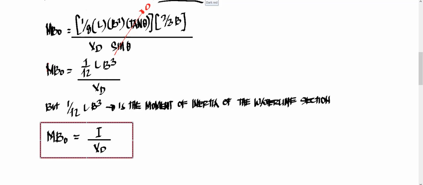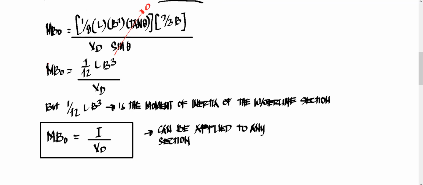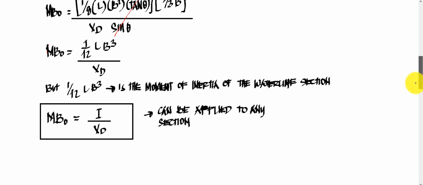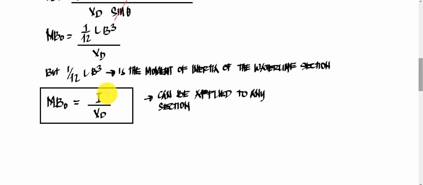Take note, this formula can be applied to any section, whatever the shape of your hull or boat, either square or triangle, just make sure that the moment of inertia of that object is taken and divided by the volume displaced.